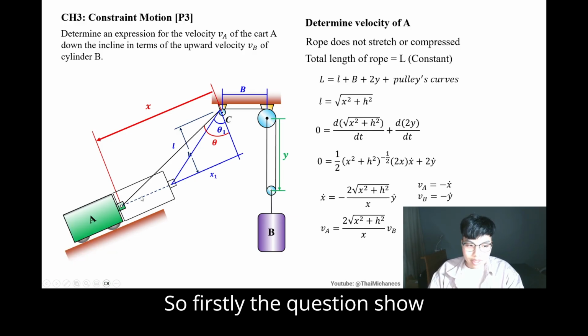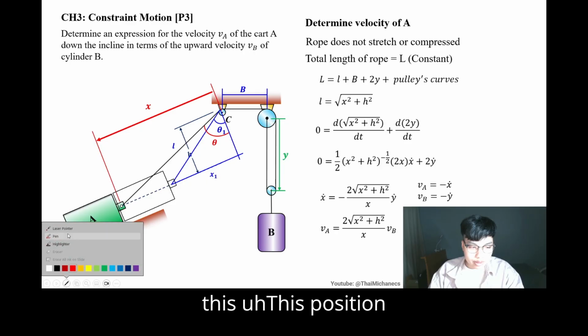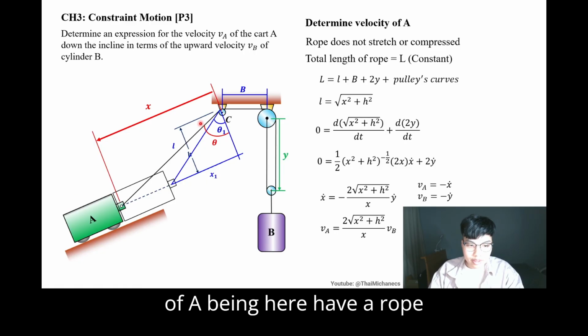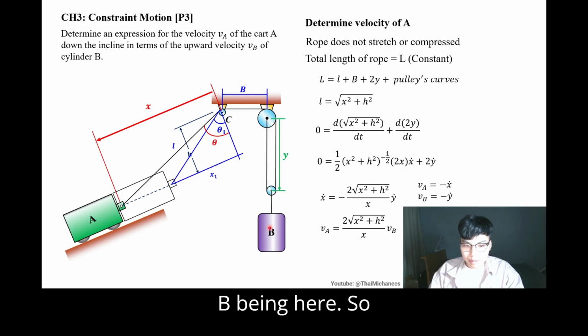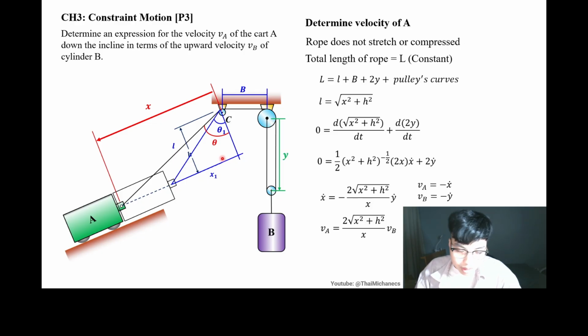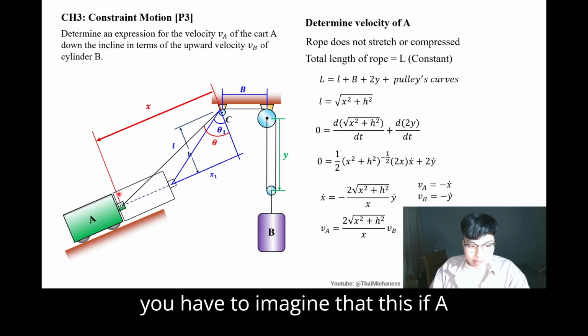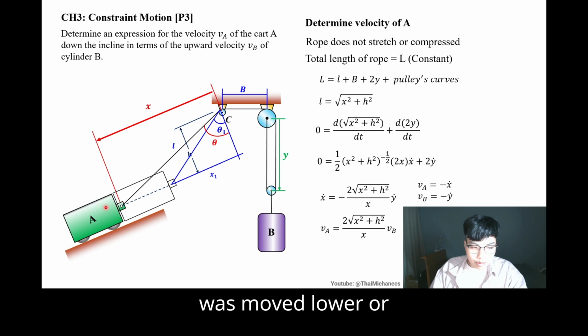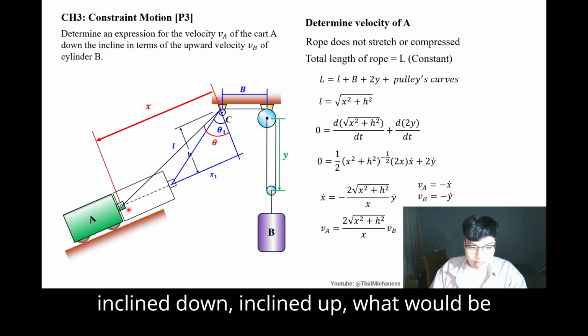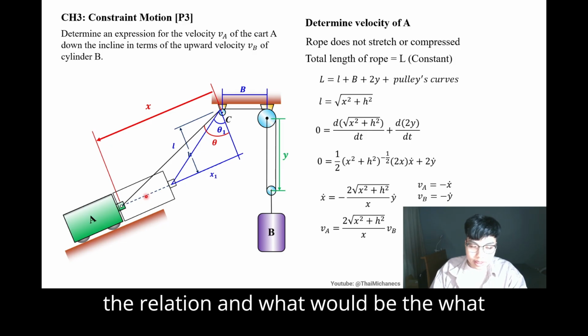So firstly, the question shows the position of A being here, with a rope attached to here, and then B being here. So you have to imagine that if A was moved lower or inclined down, inclined up, what would be the relation?